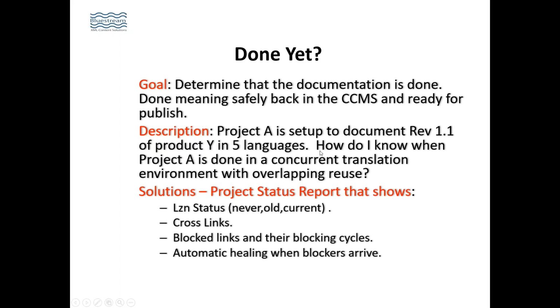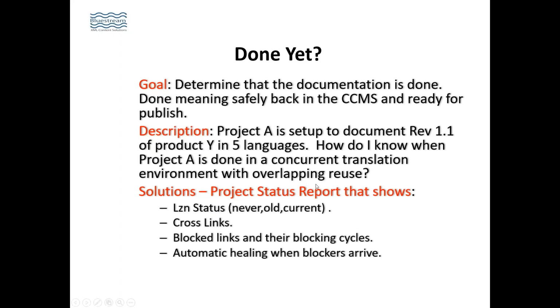Sometimes, as we talked about earlier, it's nice to control overlapping reuse, but at some point, if you're in a complex environment, you just throw up your hands and say, okay, the LSP will handle the overlapping reuse with the translation memory. So in that case, how do you know when something is done?